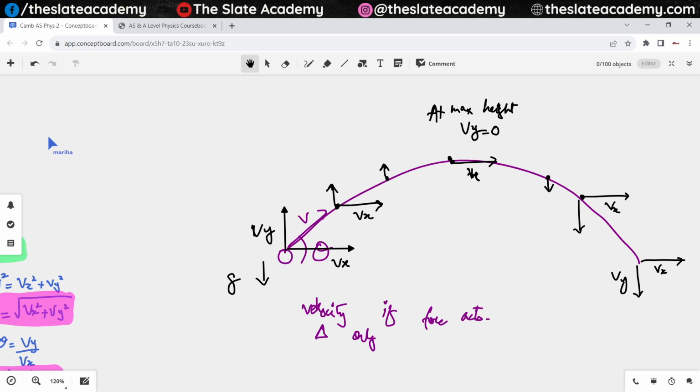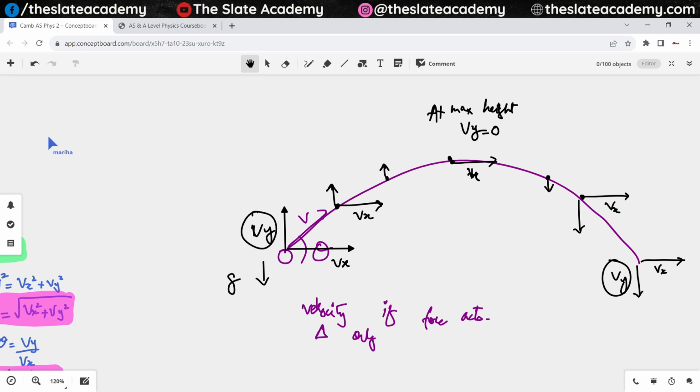It has regained the original value of vertical velocity with which it was launched. Understood? But it's in the opposite direction. Yes, that's also a very good point to note.